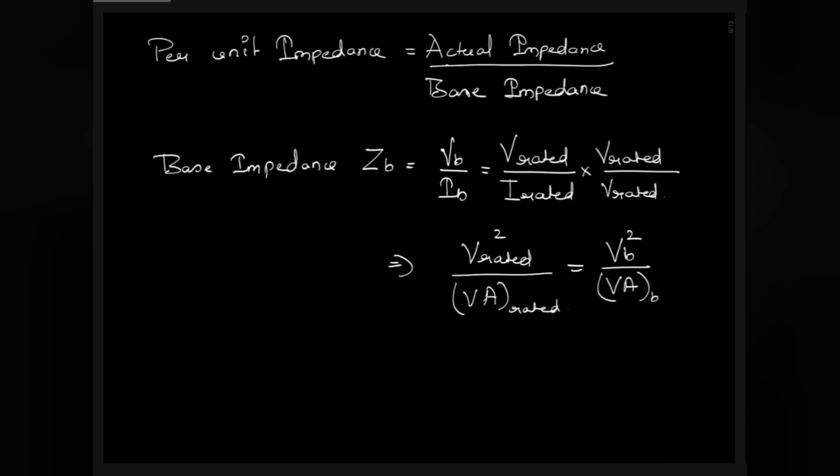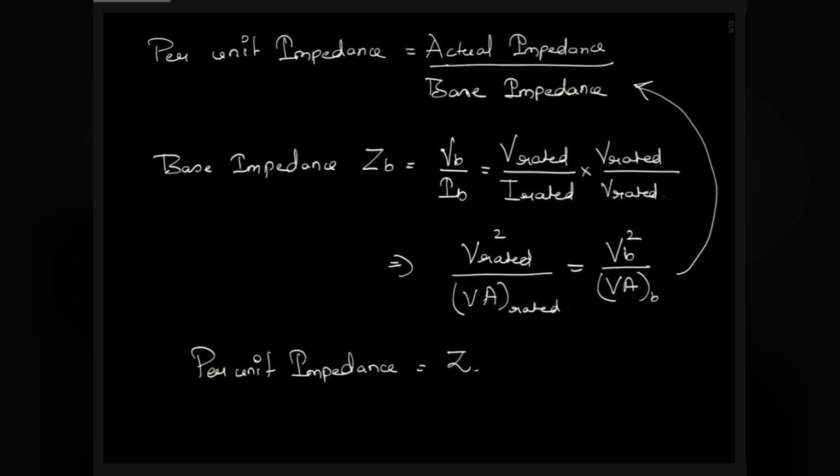Okay, so we put this value in this equation, we will get per unit impedance equal to actual value. Suppose actual value is Z ohm divided by base value. So what is base value? That is VB square divided by VA base, right?